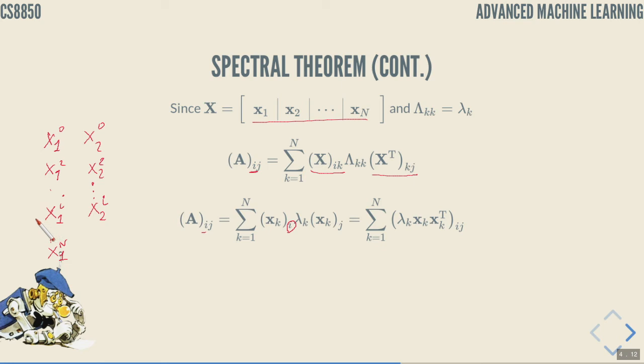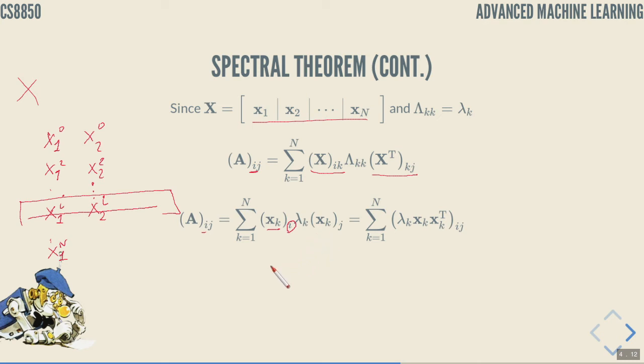But we go through each of the eigenvectors. So we're multiplying this row of the X matrix by the corresponding jth column of the X transpose matrix. Equivalently, we're fixing the element in these eigenvectors, either I or J, going through all of the eigenvectors and multiplying them by their corresponding eigenvalues.